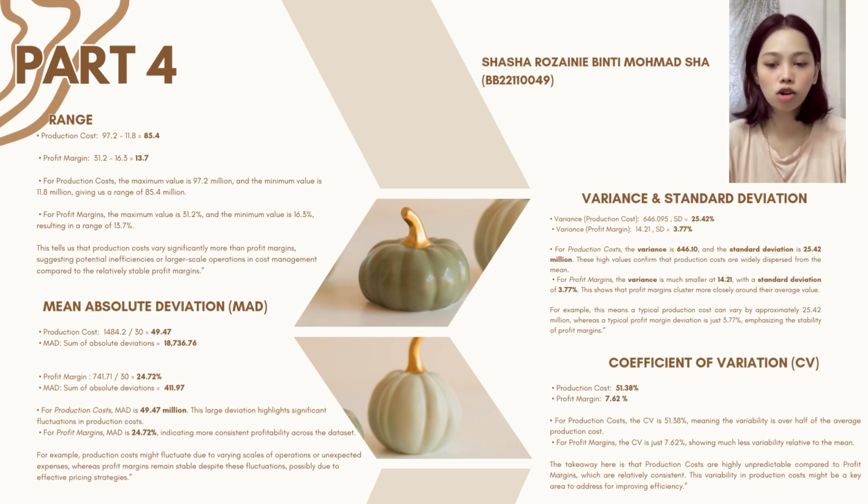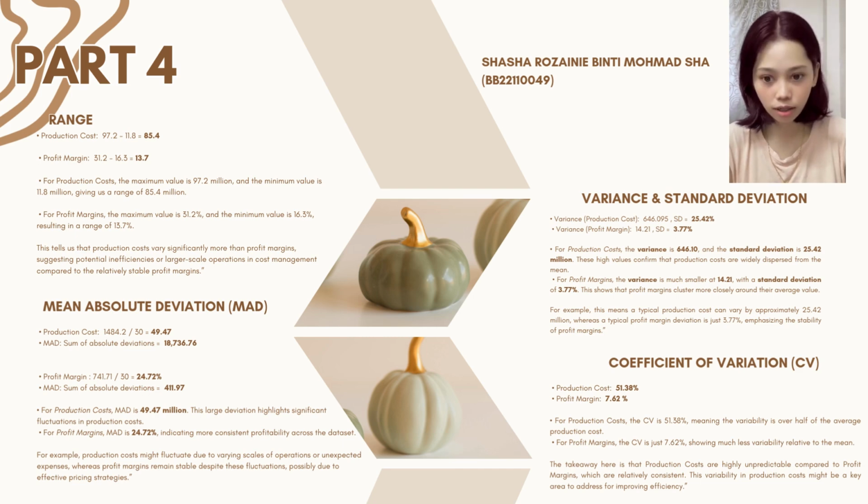Finally, the coefficient of variation, CV, gives a standardized measure of variability by comparing the standard deviation to the mean. For production cost, the CV is 51.38%, meaning that variability is over half of the average production cost.